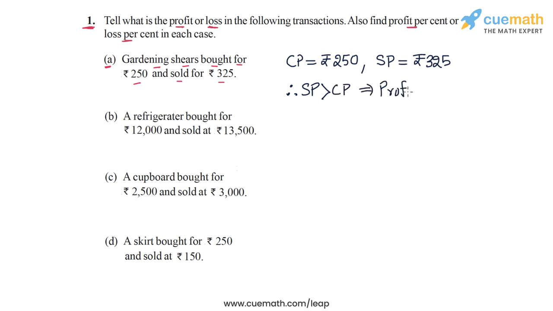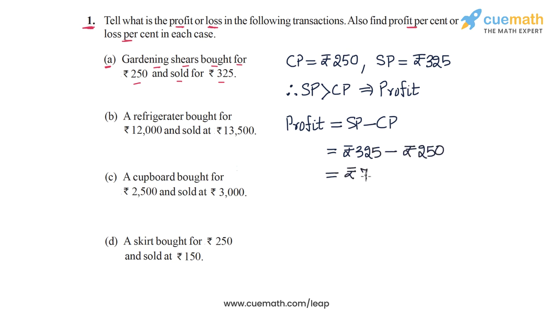The profit can be calculated as the difference between the two. So profit will be selling price minus cost price. This will be rupees 325 minus rupees 250, or rupees 75. So on this transaction, a profit of rupees 75 has been made.